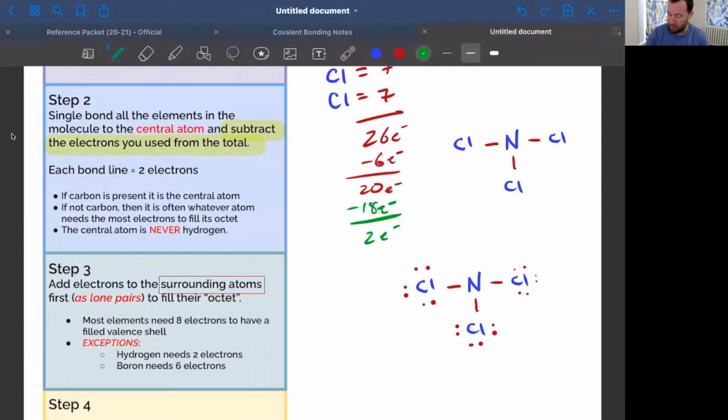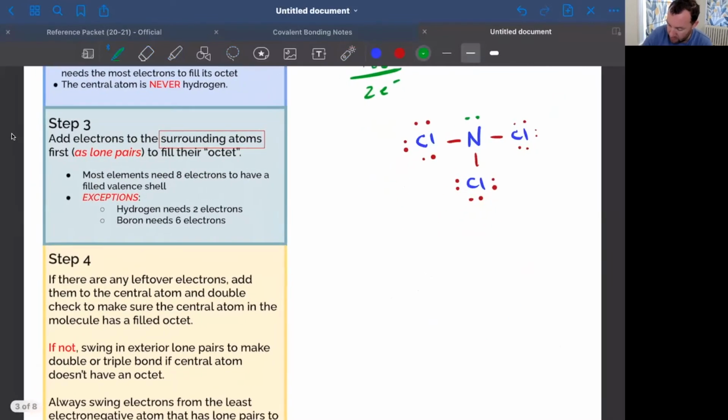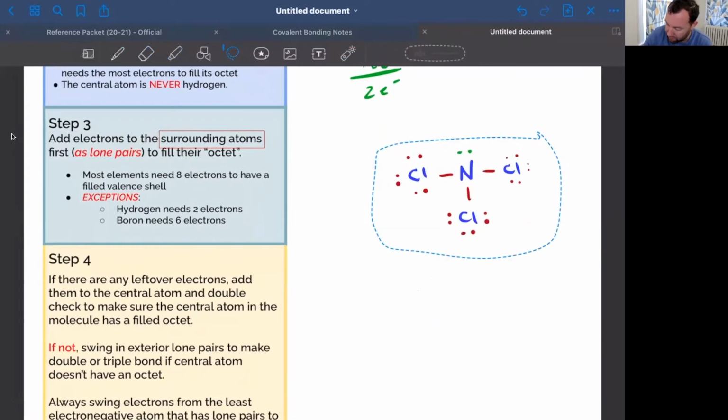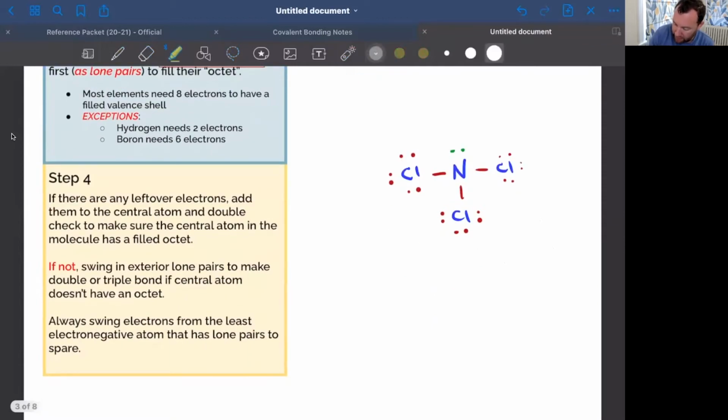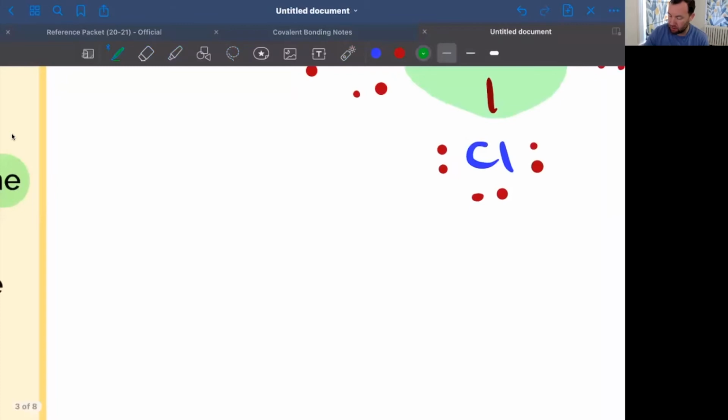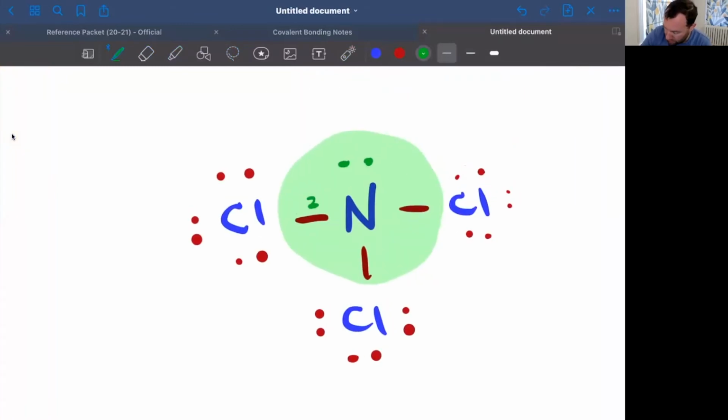So I'm going to add those 2 electrons to the central atom. Any leftover electrons, we add to the central atom. If there's any leftover, you always add the leftover to the central atom and then double check to make sure the central atom has a filled octet. Well, if I look inside of this circle for nitrogen, nitrogen has 8 electrons in there because there are 2 in each of the bonds plus 2 in the lone pair.